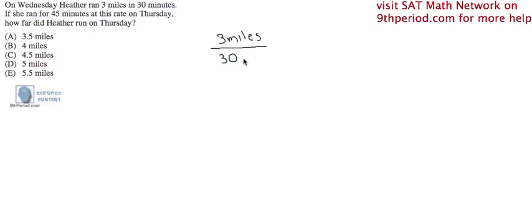So the left side of the equation is going to represent Wednesday, and the right side will represent Thursday. So we're looking for the distance in miles, and we know from the question that Heather ran for 45 minutes on Thursday.